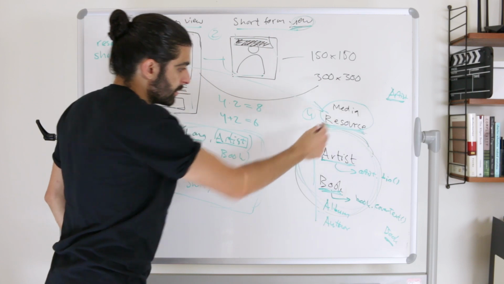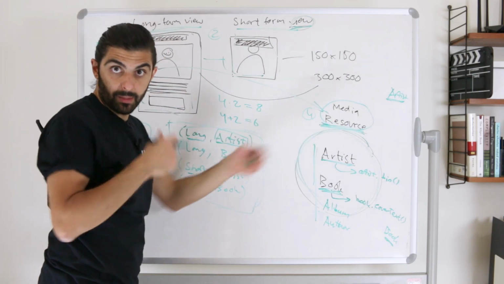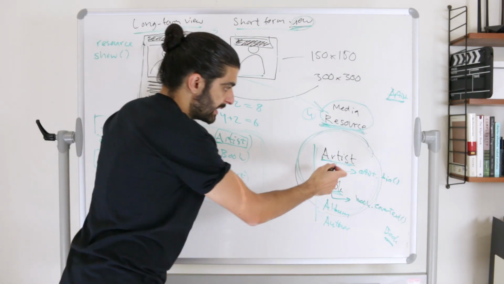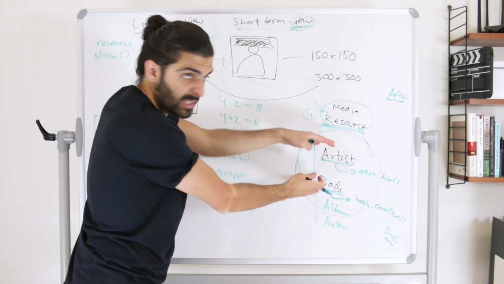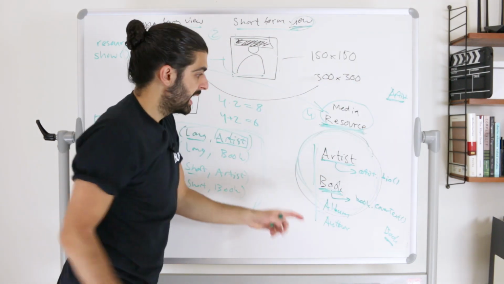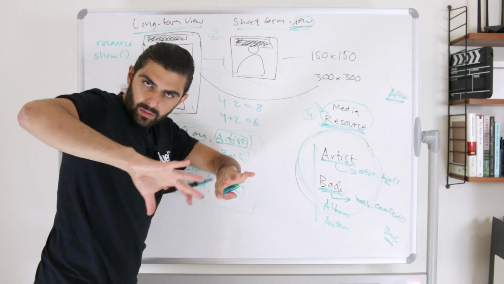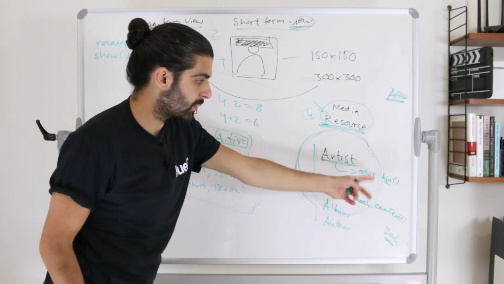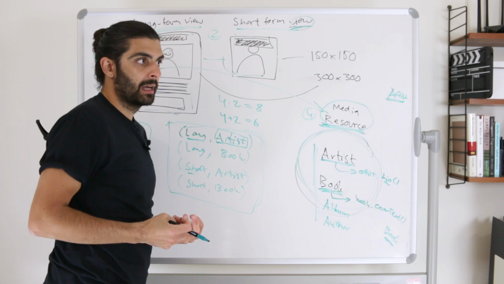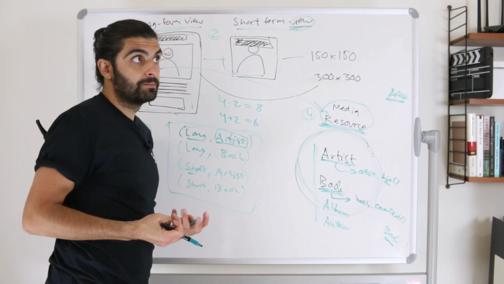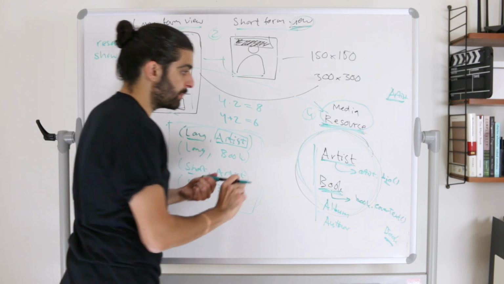So the media resource will expose a bunch of methods. Here we said that artists, not artist resources, but actual artists, have the bio method and books have the cover text method. But if we try to generalize this notion, it is maybe something like a summary or a snippet. Let's call it a snippet.